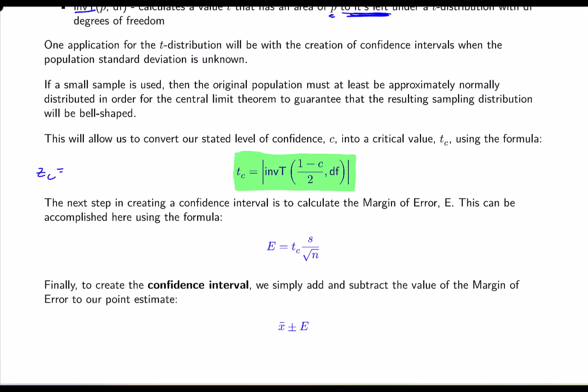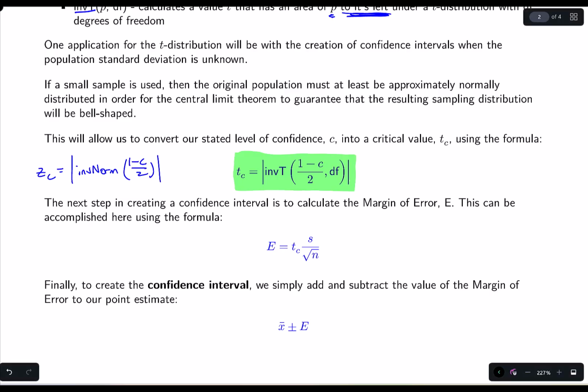It's just instead of using inverse norm, we use inverse t, and then you provide it the 1 minus c divided by 2, and remember that is the area in the lower tail of your distribution.